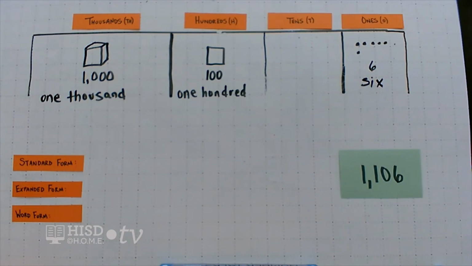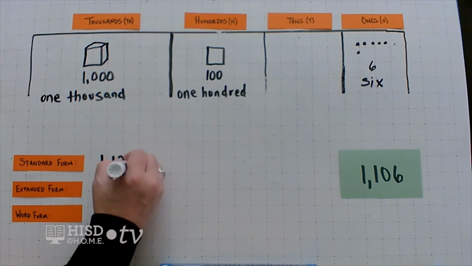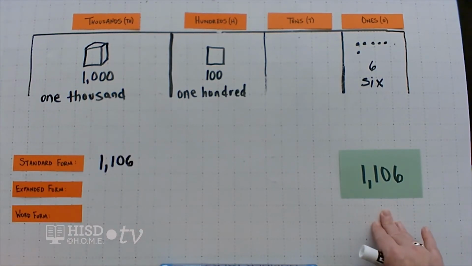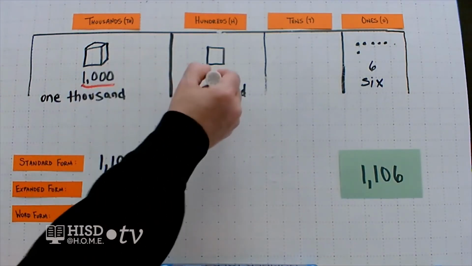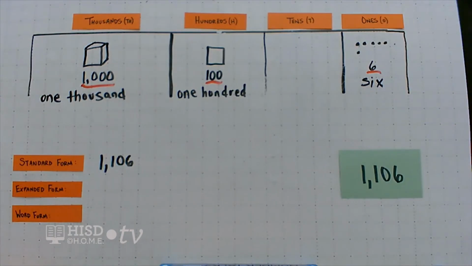So now we're going to go ahead and move into the abstract representations, which once again includes standard form, expanded form, and word form. So our value is 1,106. This value on the card is standard form. Now we need to go into expanded form. And as we move into expanded form, remember, we're using the values that we wrote to describe what was in that place value position.